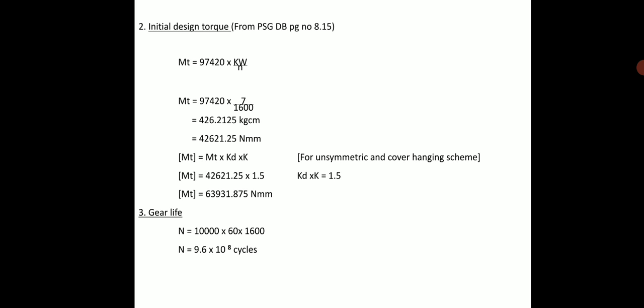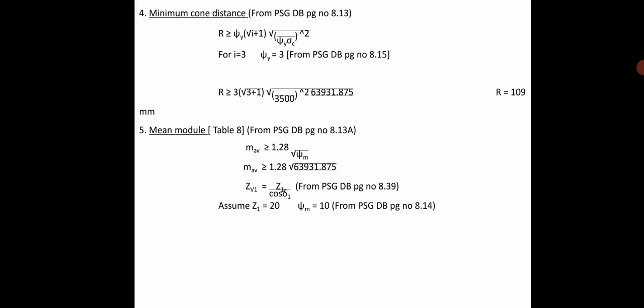Speed N1 is 1600 rpm, so N is equal to 9.6 into 10 power 8 cycles. Step number 4. Minimum cone distance. From the PSG data book, page number 8.3. R is greater than or equal to psi y, the whole bracket, root of 1 plus i squared, whole root of 1 divided by psi divided by sigma c, the whole square.